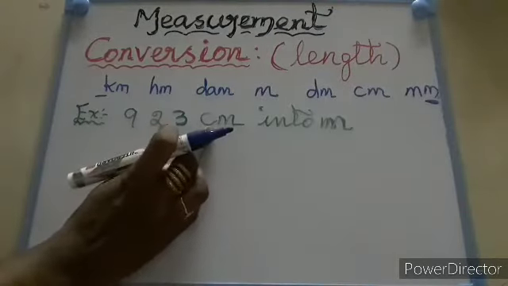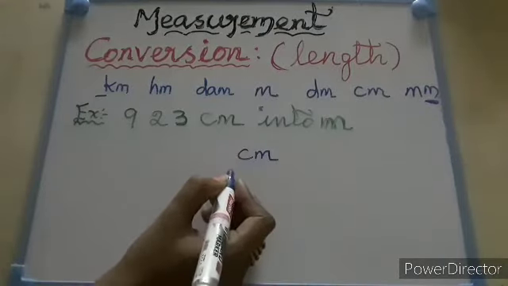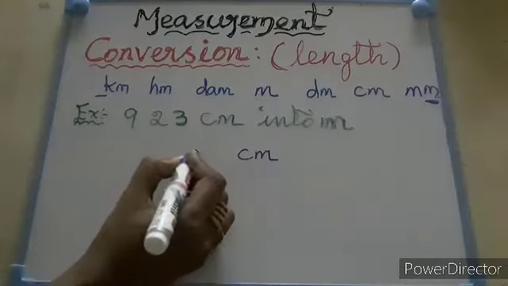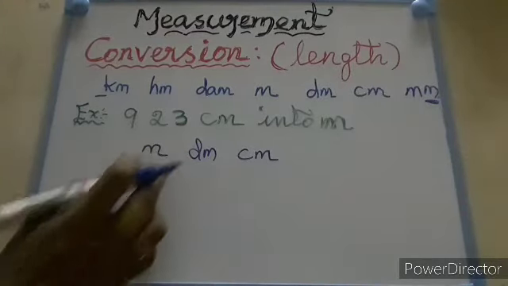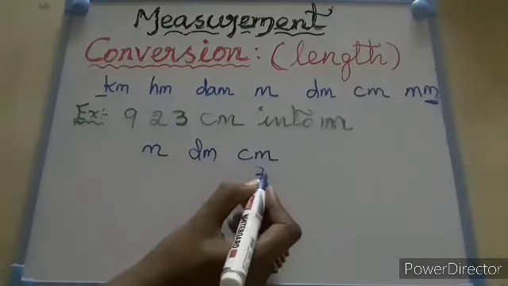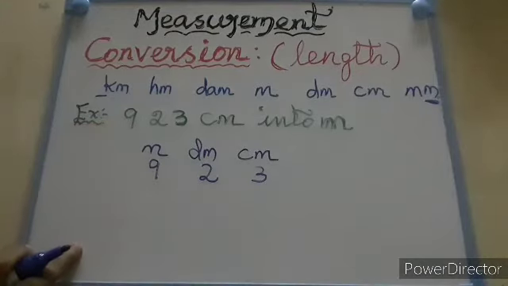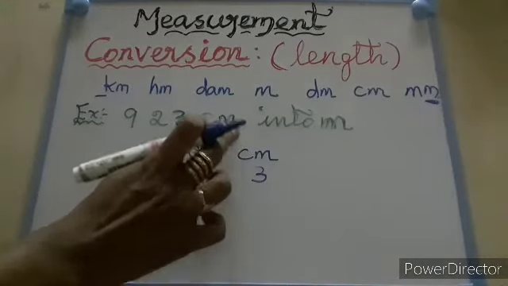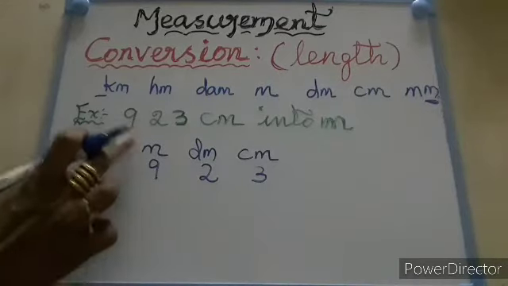So from this unit to that unit you have to write first centimeter, then decimeter, and then meter, right? Near centimeter which number is there? Yes, 3, and then 2, 9. So 3 centimeter, 2 decimeter, and 9 meter.